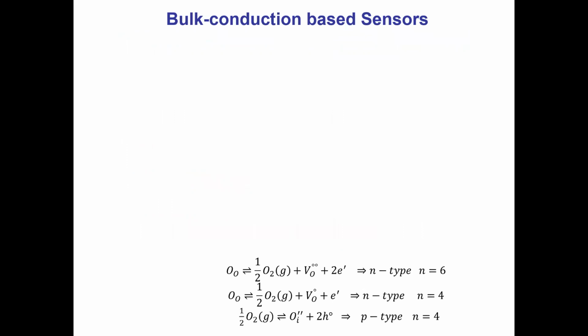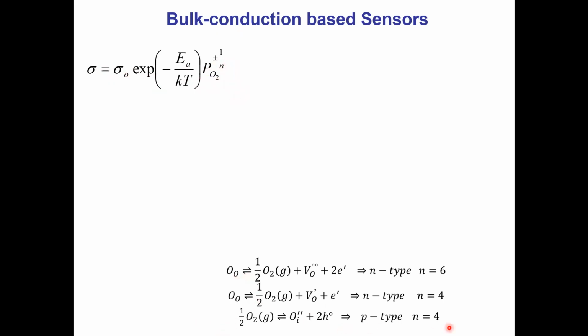And you can make those out of, again, tin dioxide, TiO2, and other oxides. So starting with the bulk type, in general, for any oxide, electrical conductivity can depend on the temperature-dependent part, and there is a contribution to the conductivity that depends on the oxygen partial pressure.